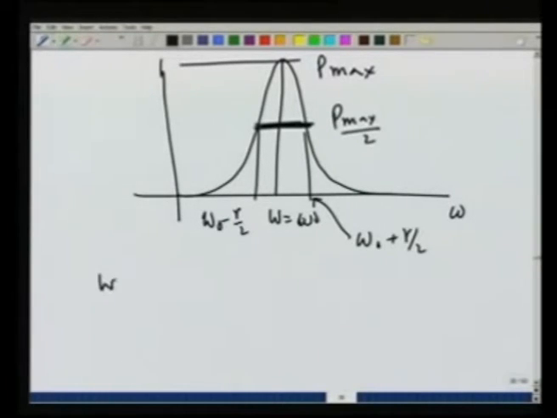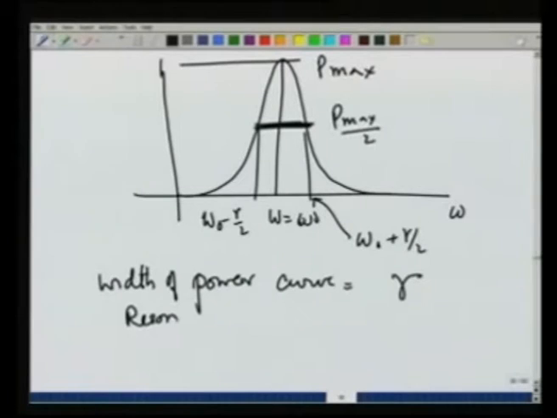So, width of power curve is gamma, resonance frequency is omega 0.